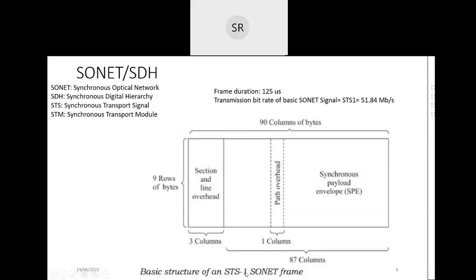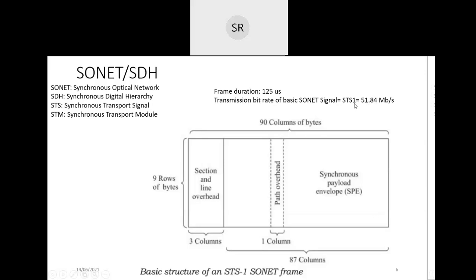One is your basic signal. Because SONET will transmit multiple signals, the SONET frame consists of an STS-N signal, and it has a bit rate equal to n times 51.84.